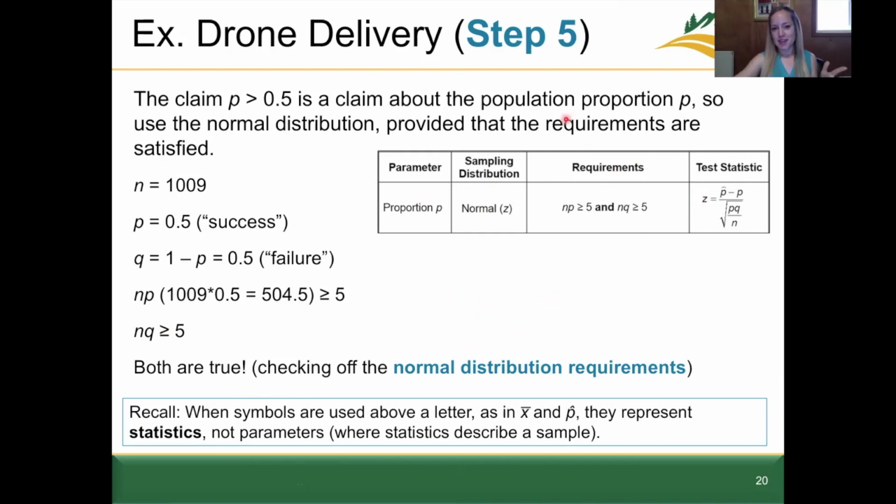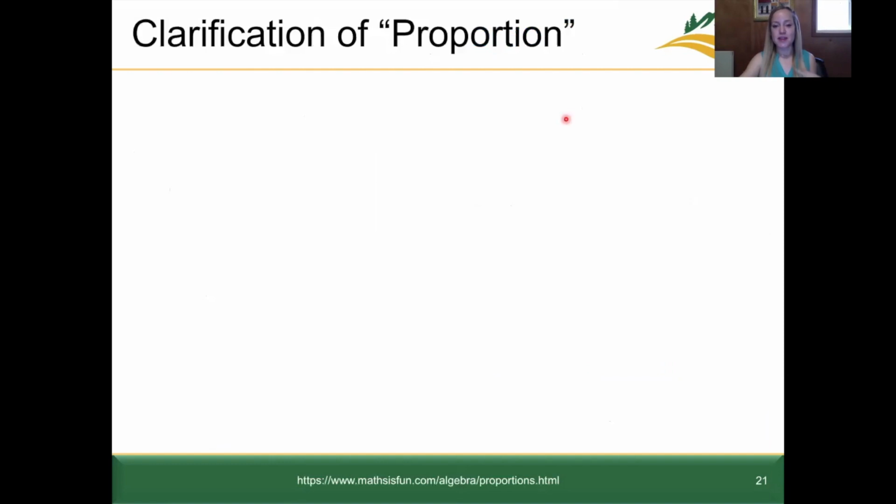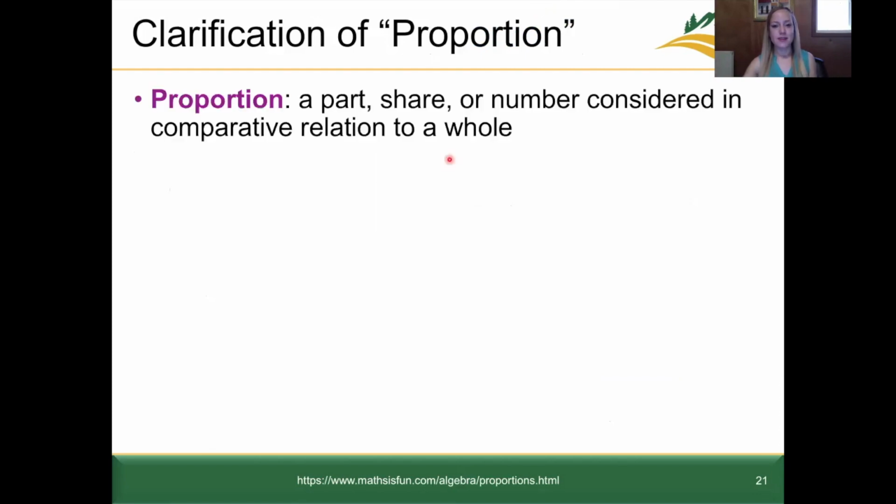Before we calculate that Z value, I want to clarify this meaning of a proportion. We've seen this a bit throughout the semester, so I want to give you this definition. In statistics and in daily life, a proportion is a part, share, or number considered in comparative relation to a whole.